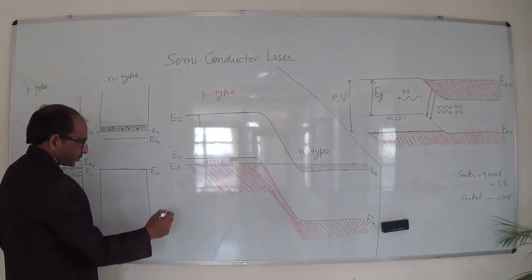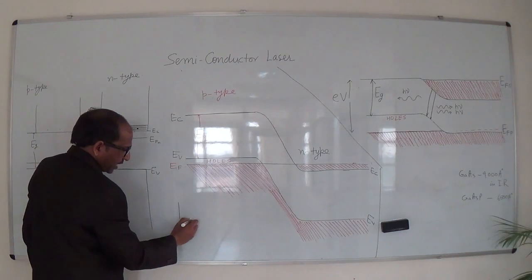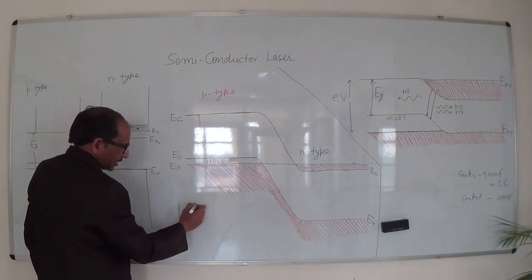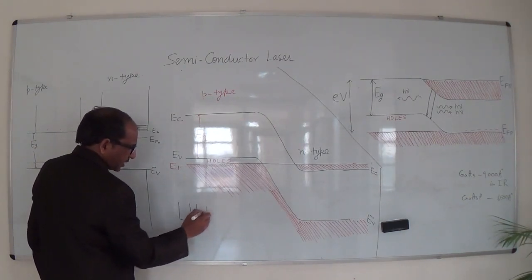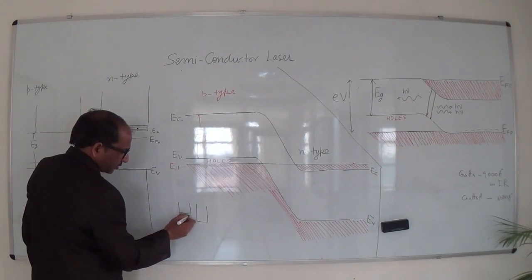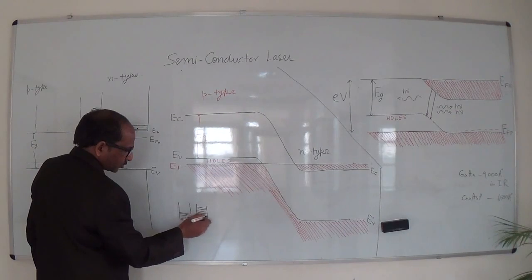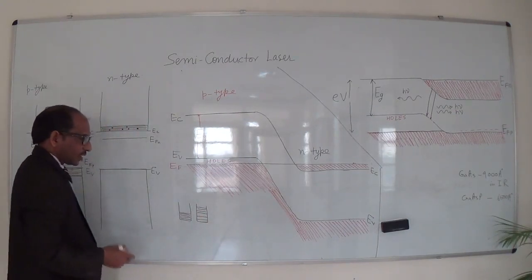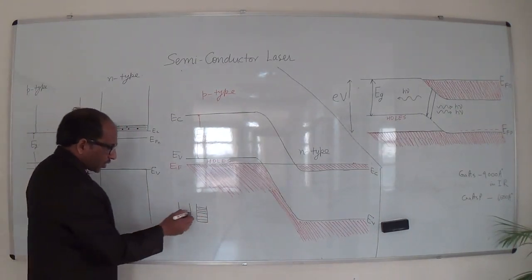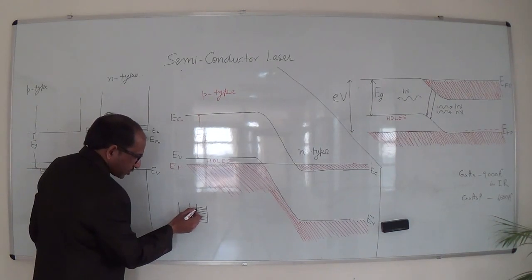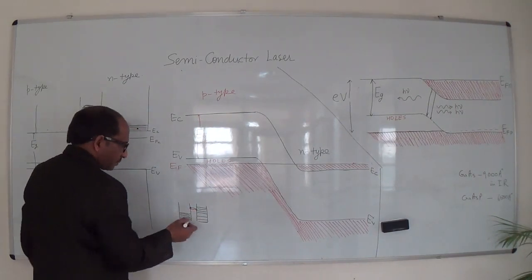So what is the idea? Actually, we have two containers with different levels of water, one is this one and the second is this one. When we join these together, suppose I make a small hole here and a small hole here and join these two with the help of a pipe. What will happen?